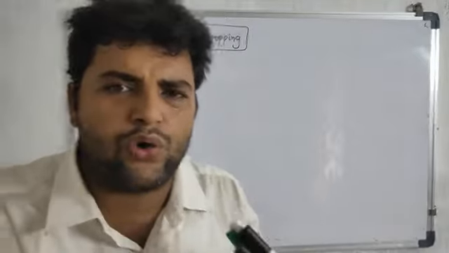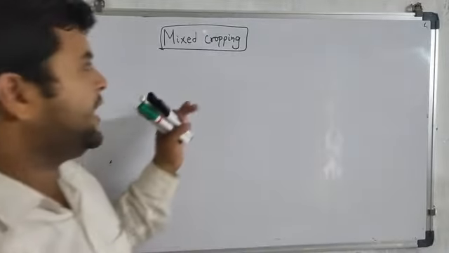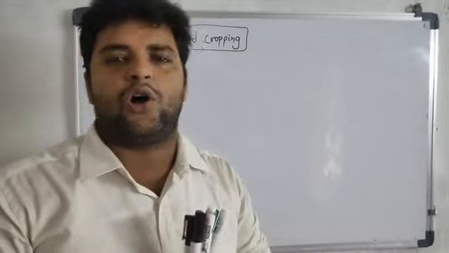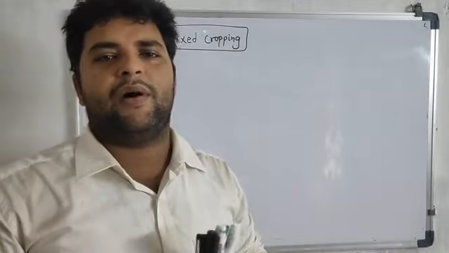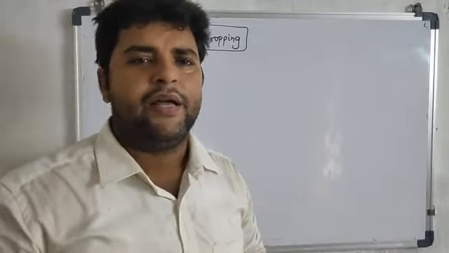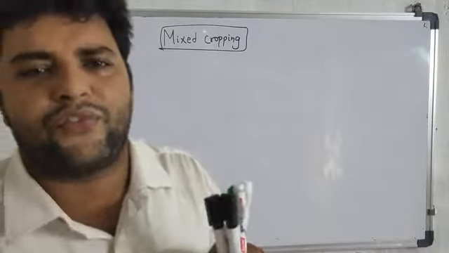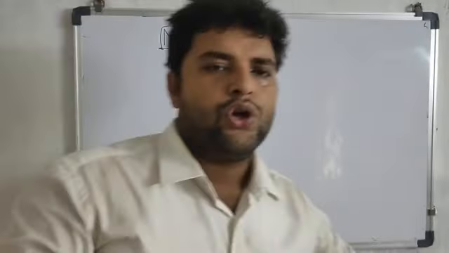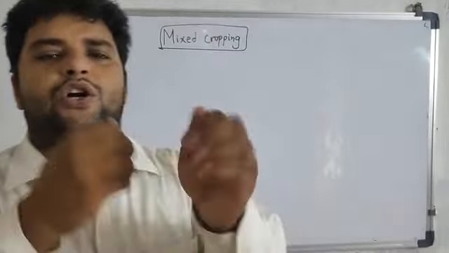So whenever the question is asked about mixed cropping, you must have a clear concept in your mind that this is a type of cropping pattern in which two different crops are mixed. Suppose there is wheat and there is mustard.